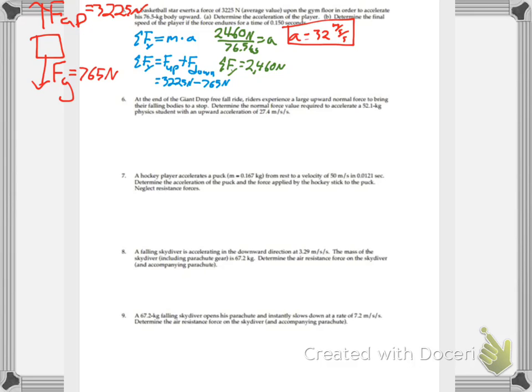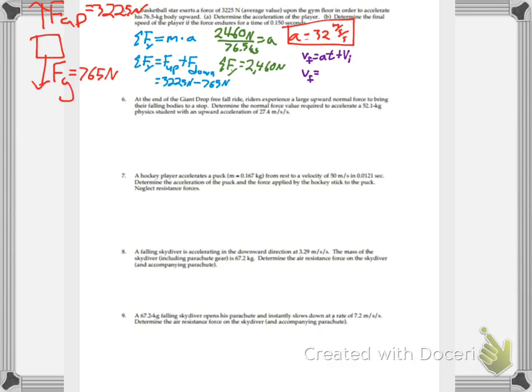Now I want to determine the final speed of the player if he endures this force for 1.5 seconds. So here we are going to want to use one of our kinematic equations. Our final velocity equals acceleration times time plus our initial velocity. His initial velocity we can say is 0.